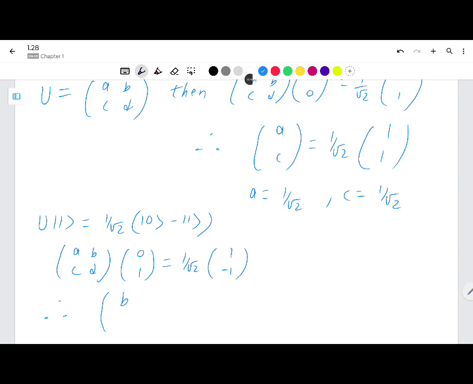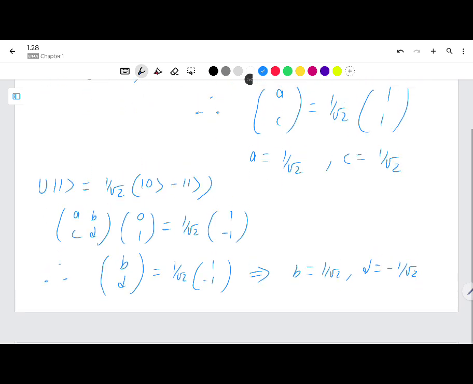This gives us B, and D equals minus 1. So B is 1 by square root of 2 and D is equal to minus 1 by square root of 2.